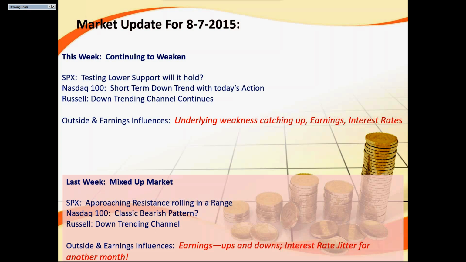Well, we know that the Russell, which may explain a little bit of why the Russell is showing the highest level of weakness, is made up of small cap stocks, and interest rate increases tend to impact that in a negative way because of the borrowing that the small caps have to do to stay in business.